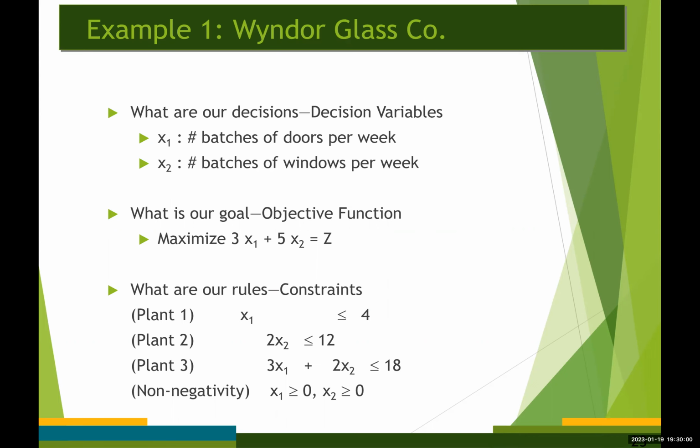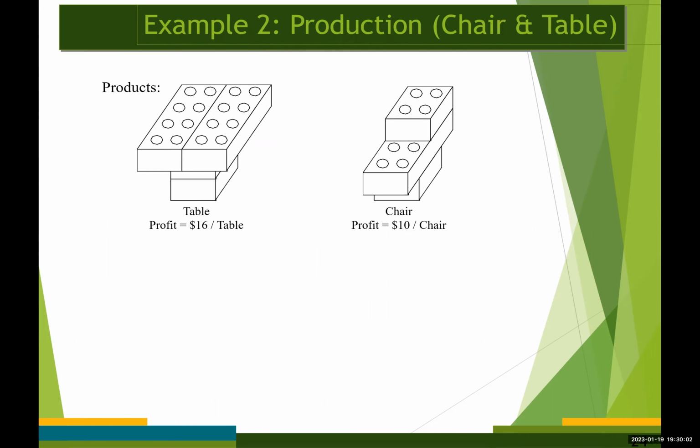Okay, so now let's take another simple example. I name it the chair and table production problem. In this example, we'd like to make tables and chairs using these Lego blocks to maximize the total profit.